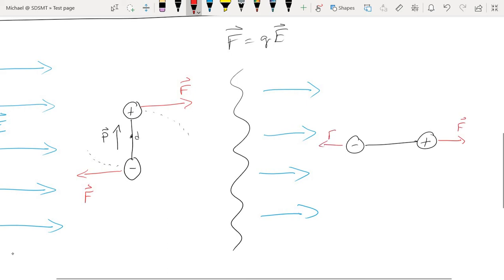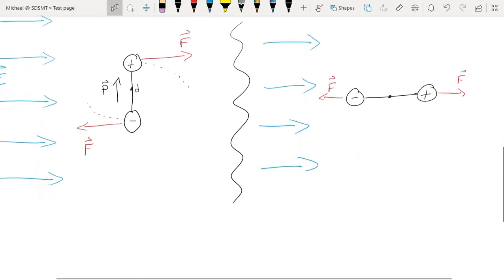We're still going to see a force pulling to the right on the positive charge. We're still going to see a force pulling to the left on the negative charge. And when we get to this orientation, trying to pull left and right, this is not going to continue providing any rotation for the dipole.